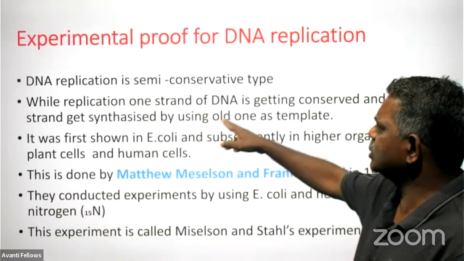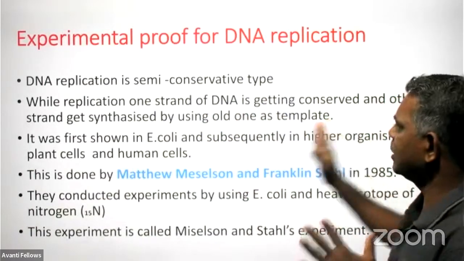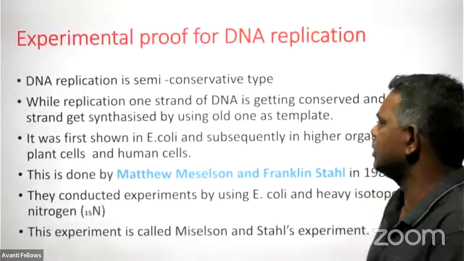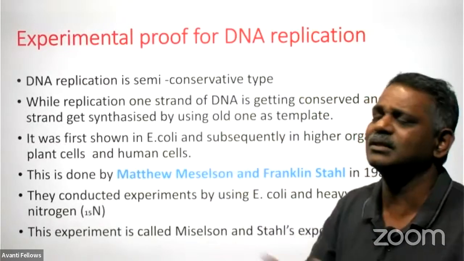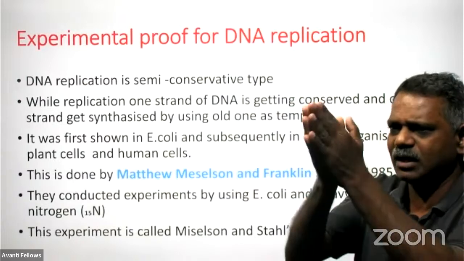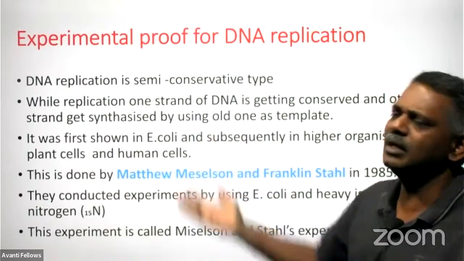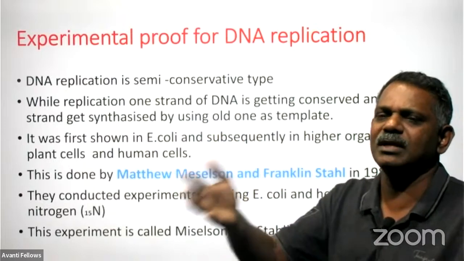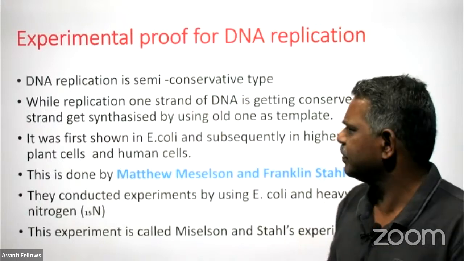See, during replication, one strand of DNA is conserved and the other strand is synthesized by using the old one as a template. Actually, the template strand, or master strand, is conserved during replication, and the other one is newly synthesized by DNA polymerase enzymes from 5' to 3' direction.